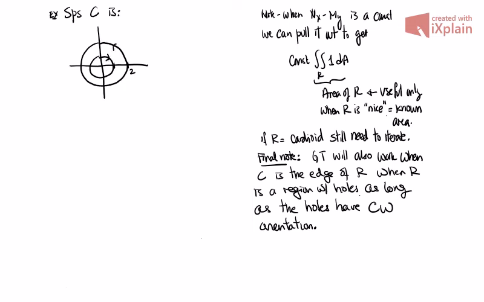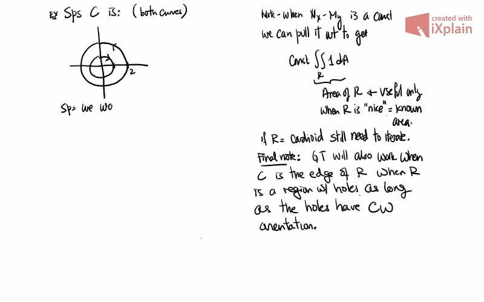So notice on the outside it's counterclockwise, on the inside it's clockwise. You might look at this and say, well, which one of these is C? And the answer is C is both. They're disconnected, but that's okay. C is both of these. You could think about them as C1 and C2 separately if you like.